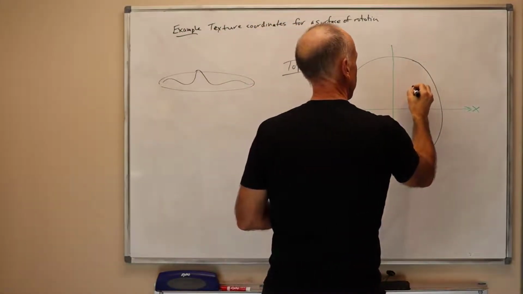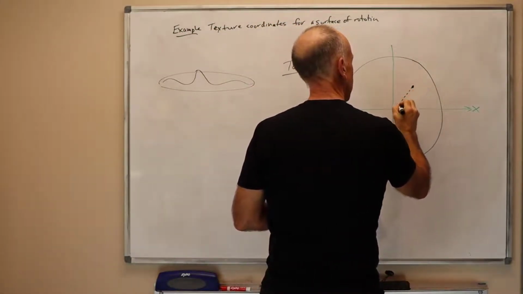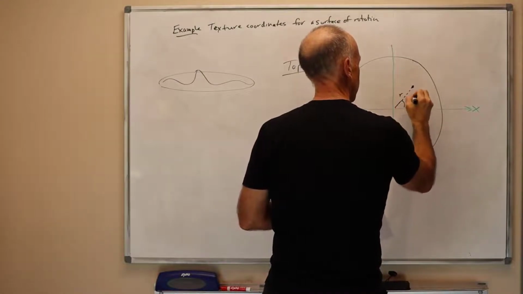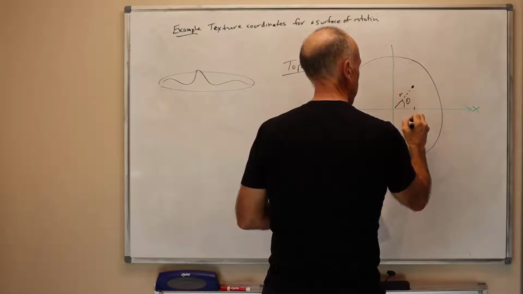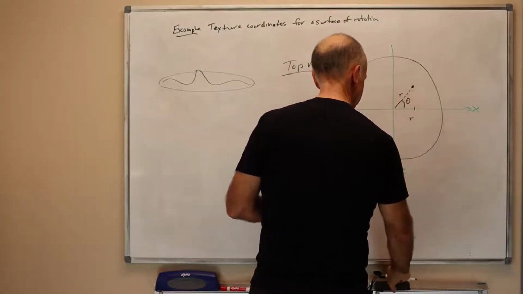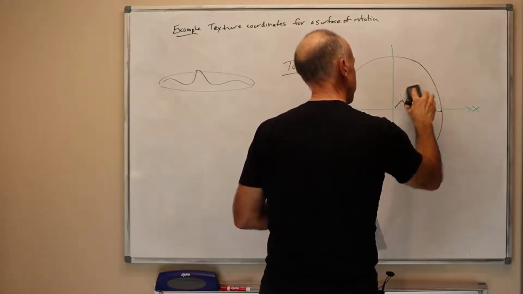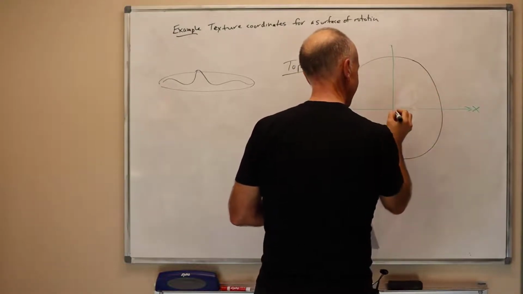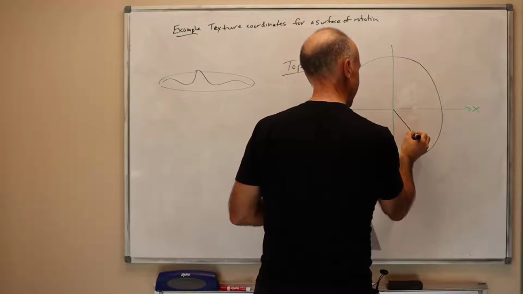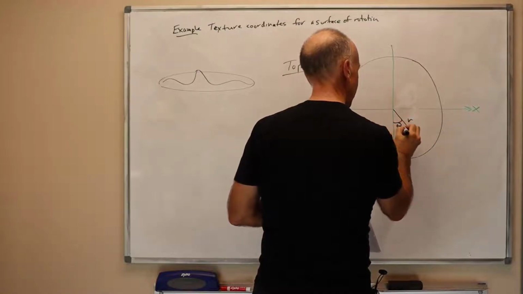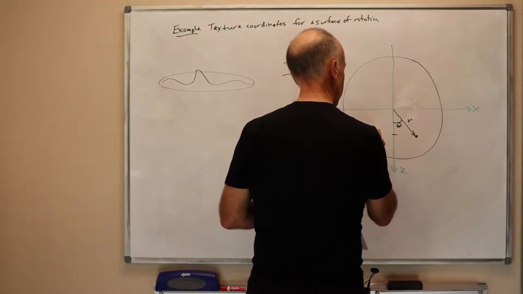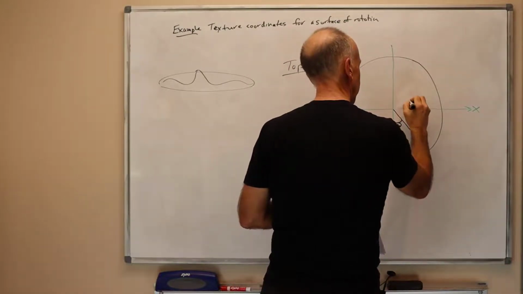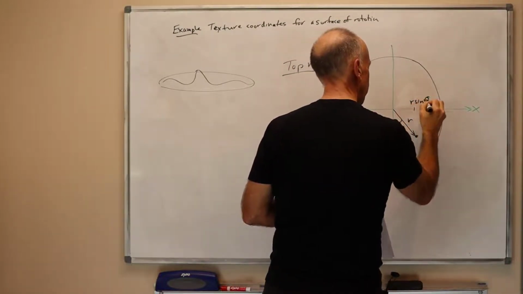For instance, here's a point at radius r and angle theta, and of course it's got coordinates. Let's do a different theta. Let's try this. Radius r and angle theta. So this has coordinates. Z is r cosine of theta, and x is r sine of theta.